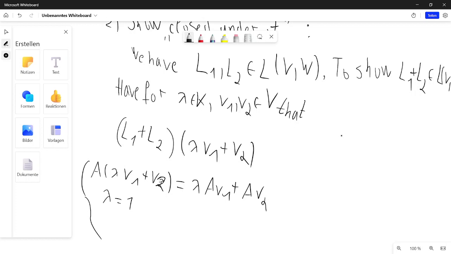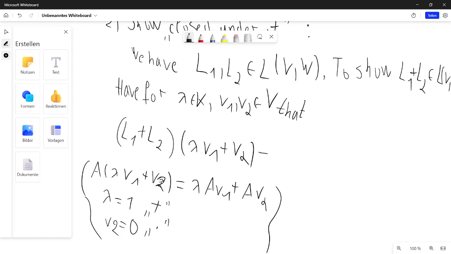And this is compatibility with multiplication, just plug it in, and lambda and v2 equal the 0 vector, that shows the compatibility. This is compatibility with addition versus compatibility with scalar multiplication. Right, so it suffices to show that.